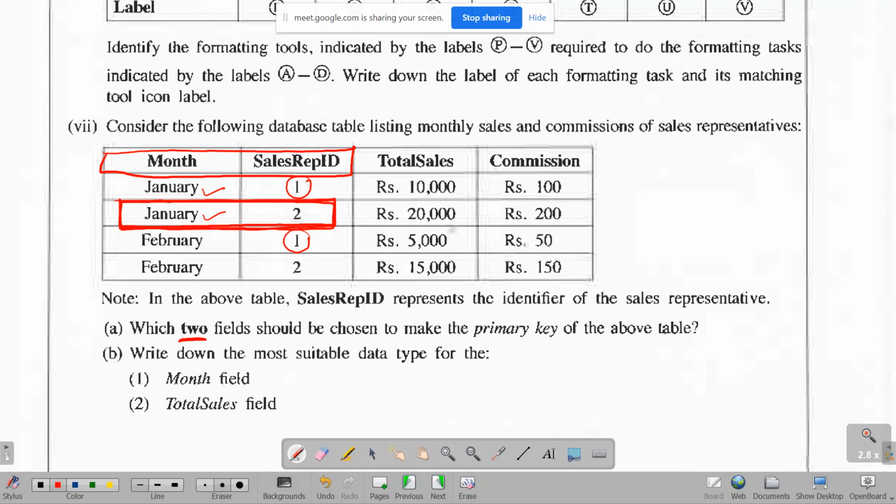And in the B part, they say write down the most suitable data types for the month field. For the month field, they have center aligned the things, so we can go with text. Total sales, we can go with currency.